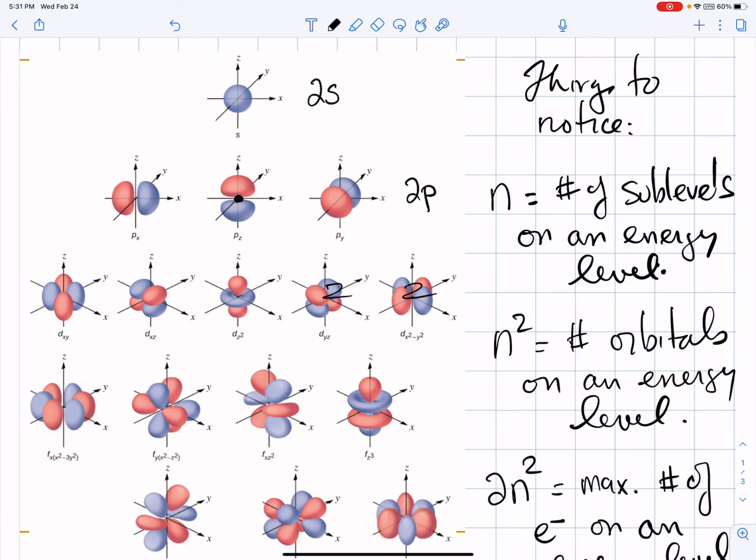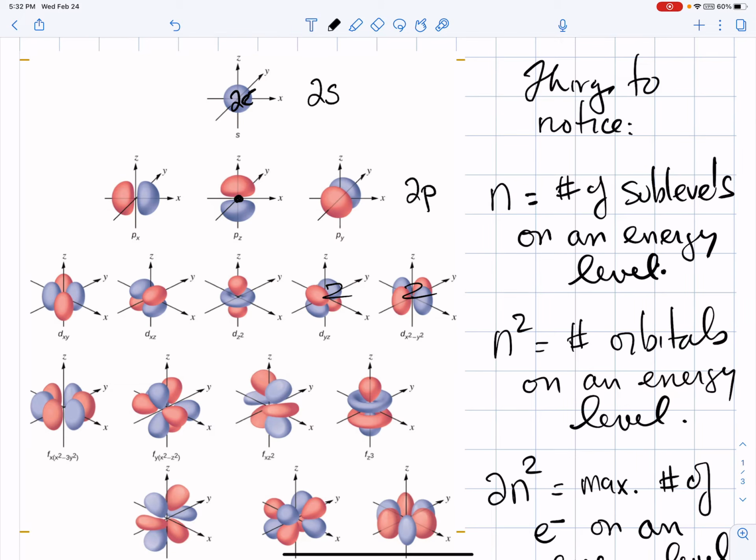So notice that on the second energy level, there are now 2 sublevels. In the first sublevel, the 2s, there's only one orbital, the 2s orbital. And as we just said, the Pauli exclusion principle tells us that that orbital can hold 2 electrons and it's full.